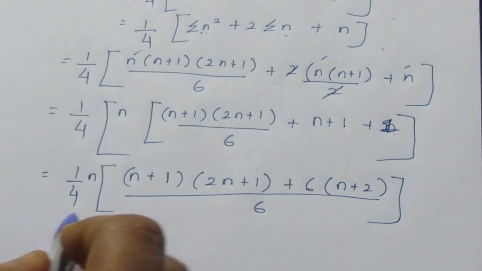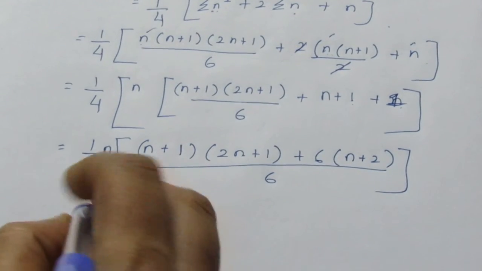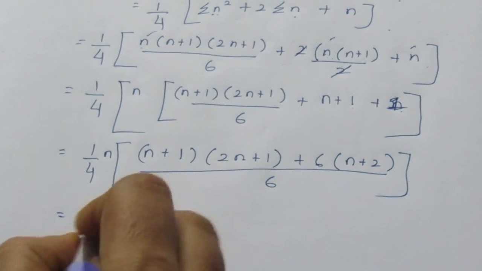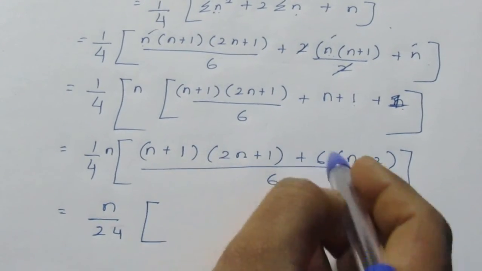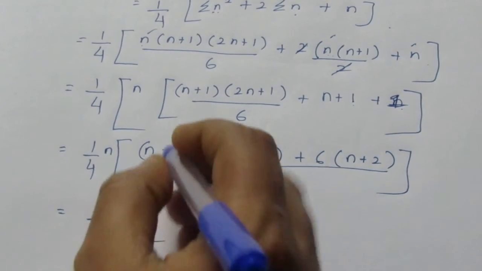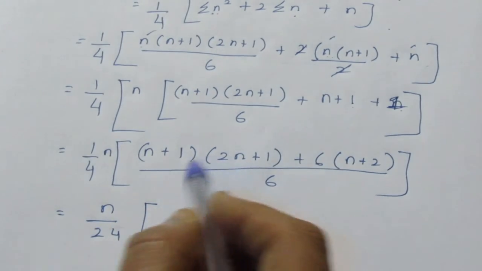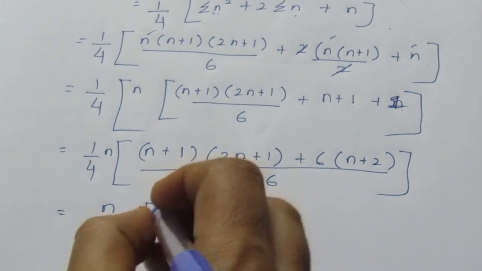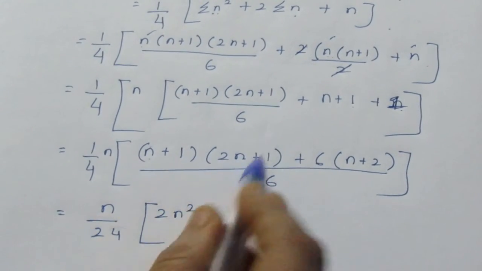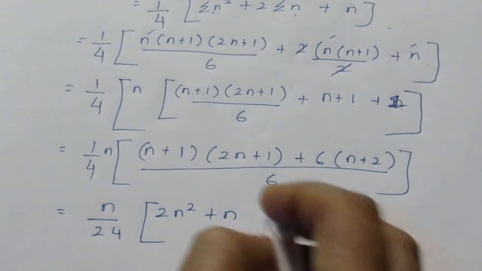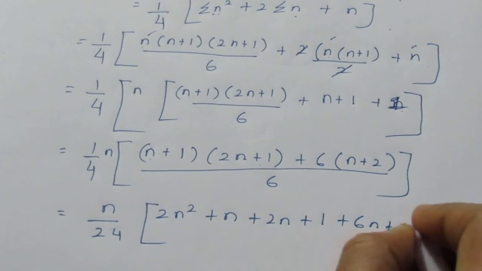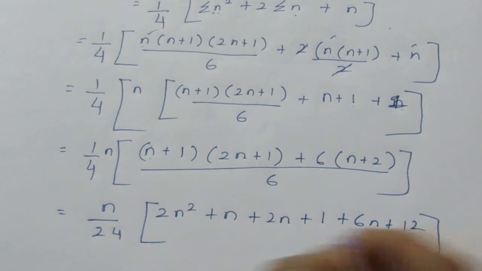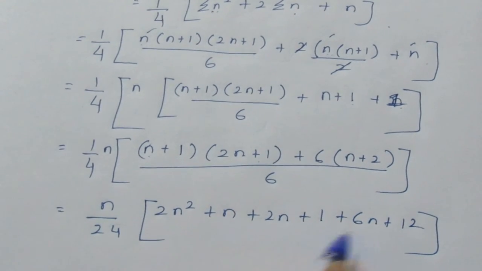Now even the 6 we can bring outside. It becomes n by 24. Multiply inside; we are going to do binomial multiplication here. Multiplying, this becomes 2n square plus 2n plus n plus 1, plus 6n plus 12. Now solve the like terms.